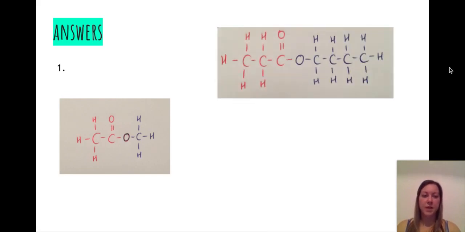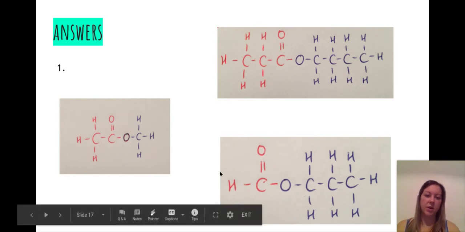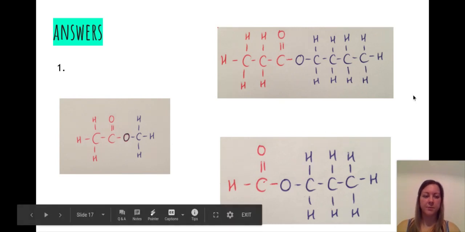So butyl is our alcohol part, which is here, and propanoate is going to be our acid part with our C double bond O. Lastly, we have propyl methanoate, which is here. Our methanoate part of the acid is here, and our alcohol part is in blue here. So that is 1A, B, and C.